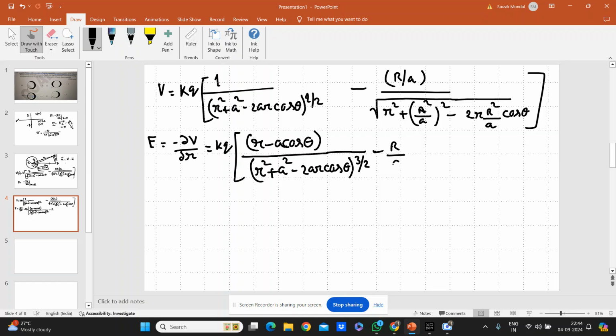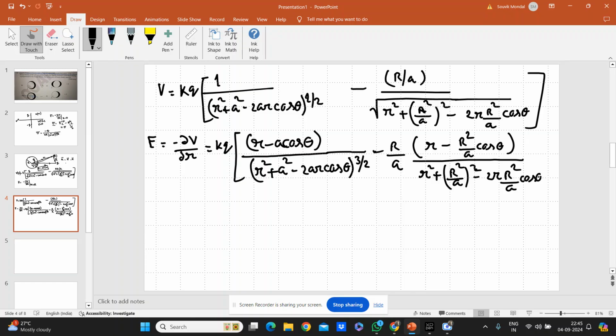And there is r minus r square by a cos theta, divided by r square plus r square by a whole square minus 2r into r square by a cos theta, to the power 3 by 2.